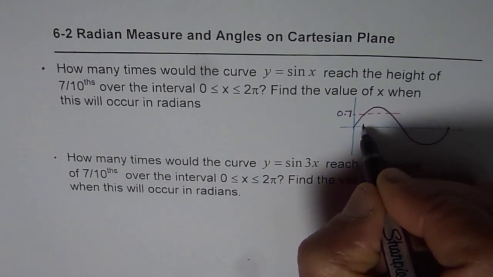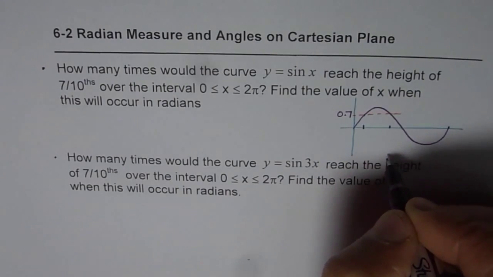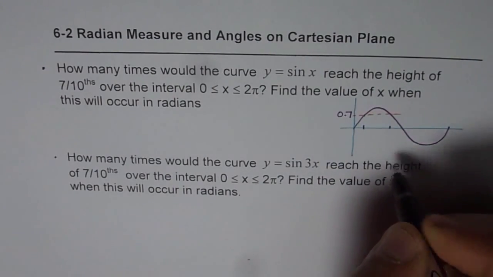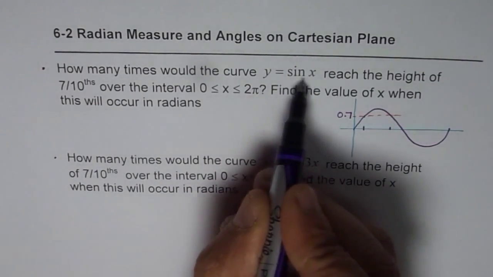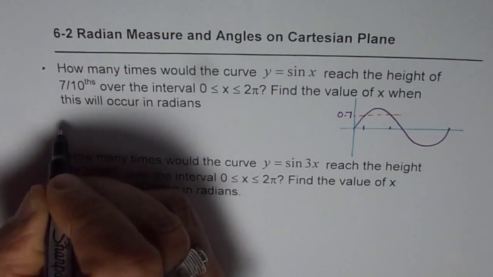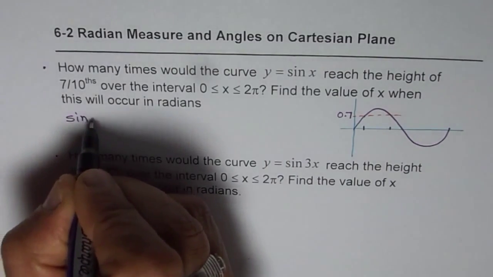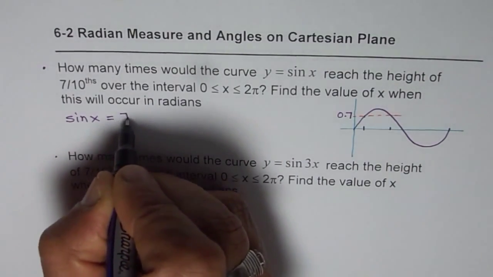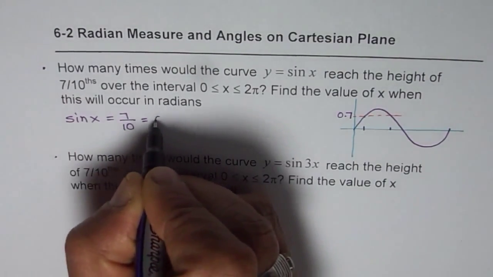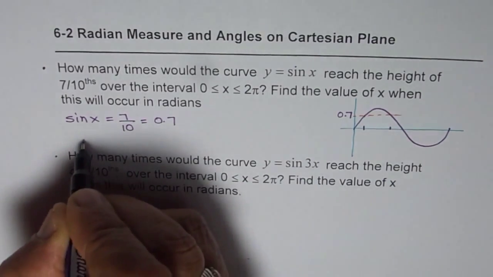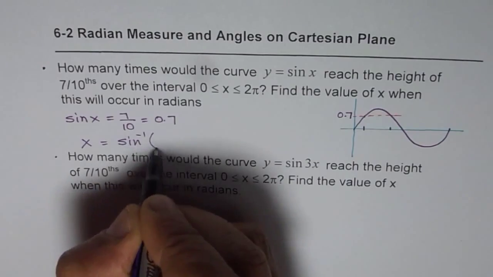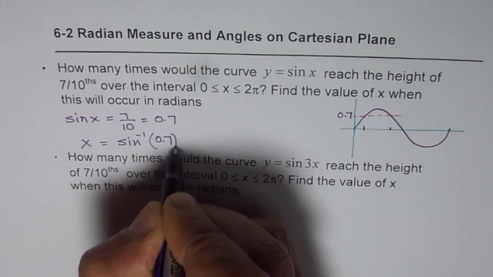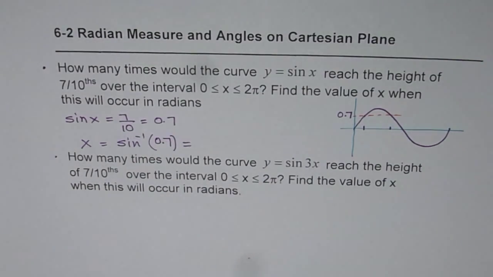So we can see that there are two times. One is here and the other one is there. So these are the two times. You need to find the value of this. So we can say y equals sin x, y value is 7 over 10. So we can write sin x equals 7 over 10, which is 0.7. So we can say x equals sine inverse of 0.7, and we can use the calculator.